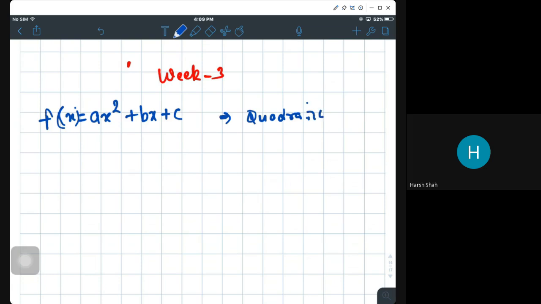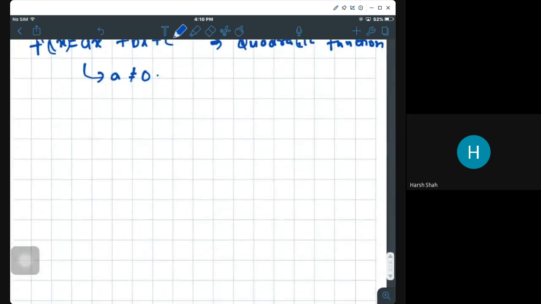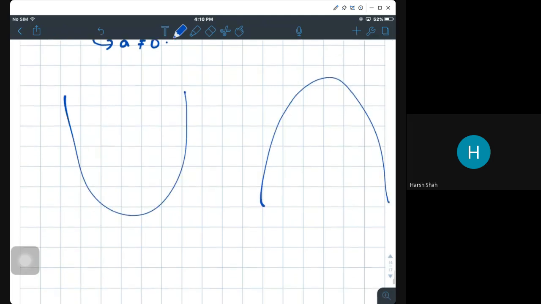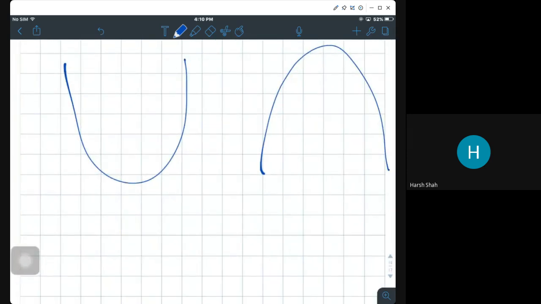The only condition that we have here is a is not 0. This is your quadratic equation, quadratic function. How will this quadratic function look like? A parabola. Upward opening or downward opening. These are the only two possibilities.